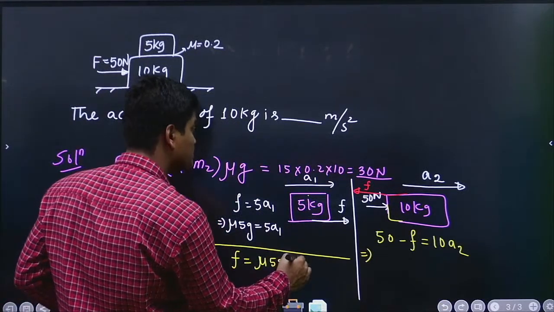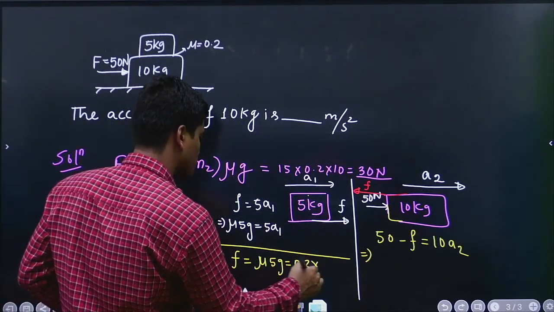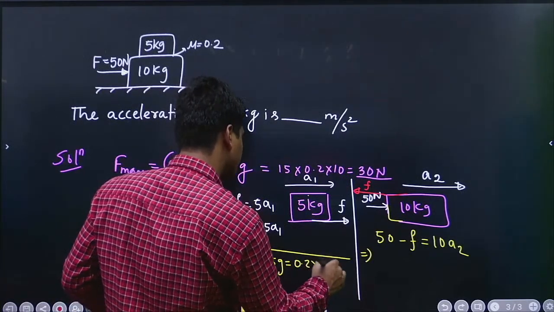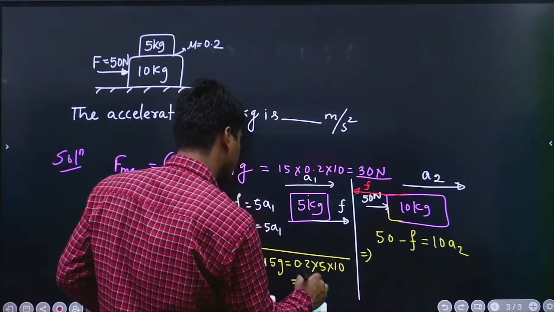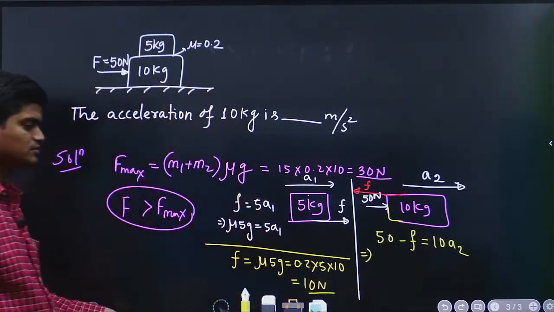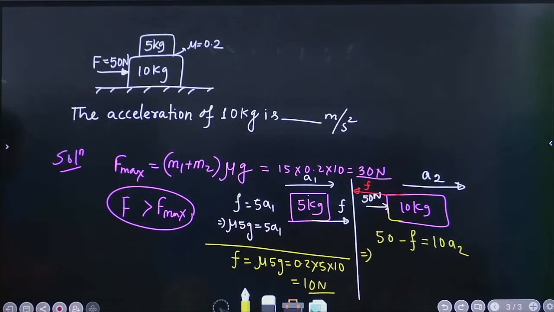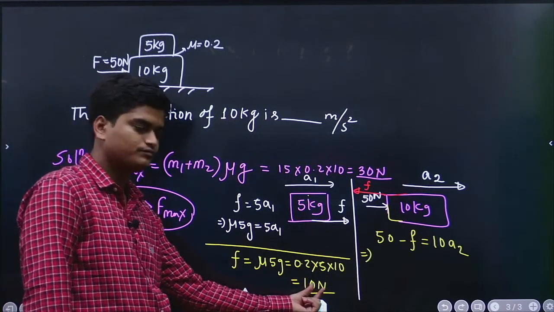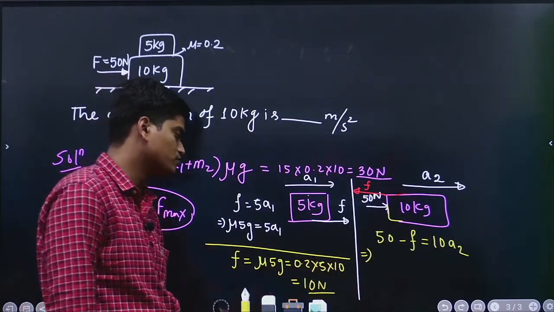Mu is given as 0.2, 5 is 5, g is 10. So the total is 10 Newton. Is it clear or not clear?